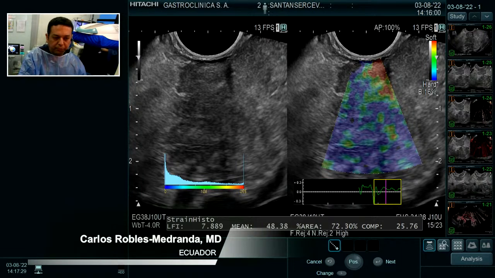This patient has normal serum tumor markers, but has this lesion. So to me, because of the age, the weight loss, and the clinical aspect, this could be a pancreatic mass. It means a malignancy here in the pancreas, but we need to evaluate.